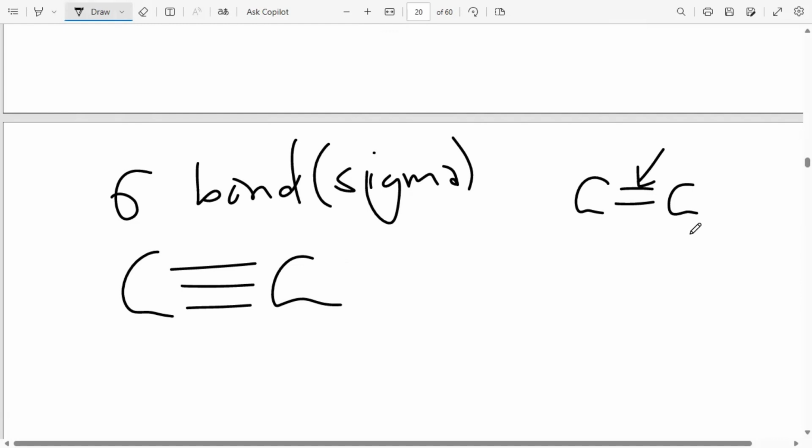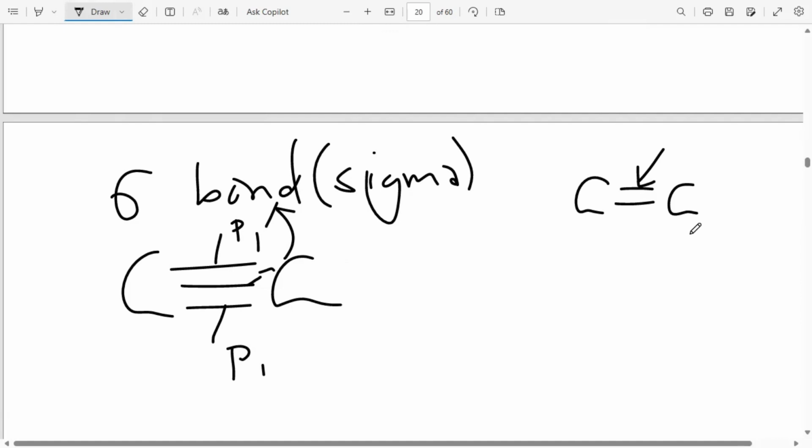One of these bonds has been formed by a direct head-on overlap. So there's one sigma bond, and the other bond that exists between these two is formed by lateral overlapping of the unhybridized lobes of p orbitals. So this one will be a pi bond. Even this one will be a pi bond, whilst one of these will be a sigma bond.